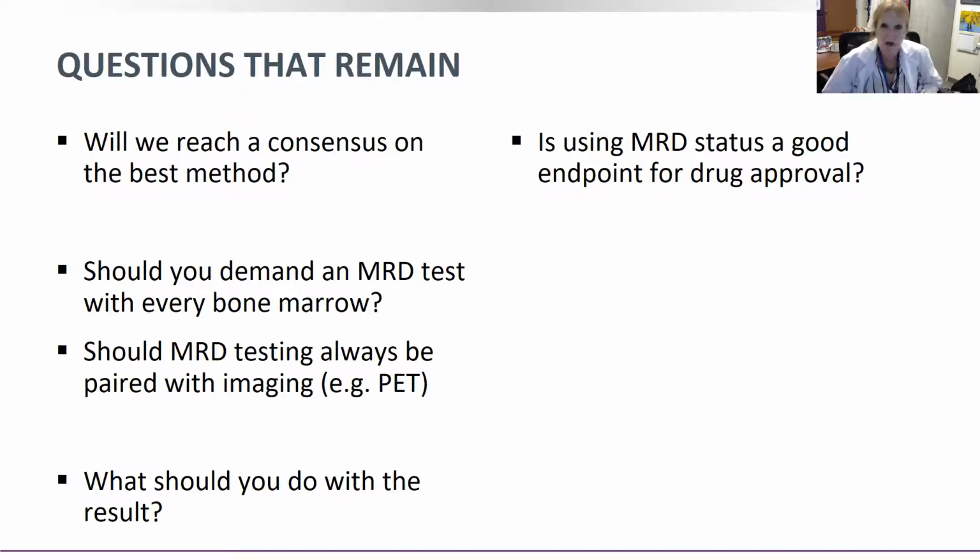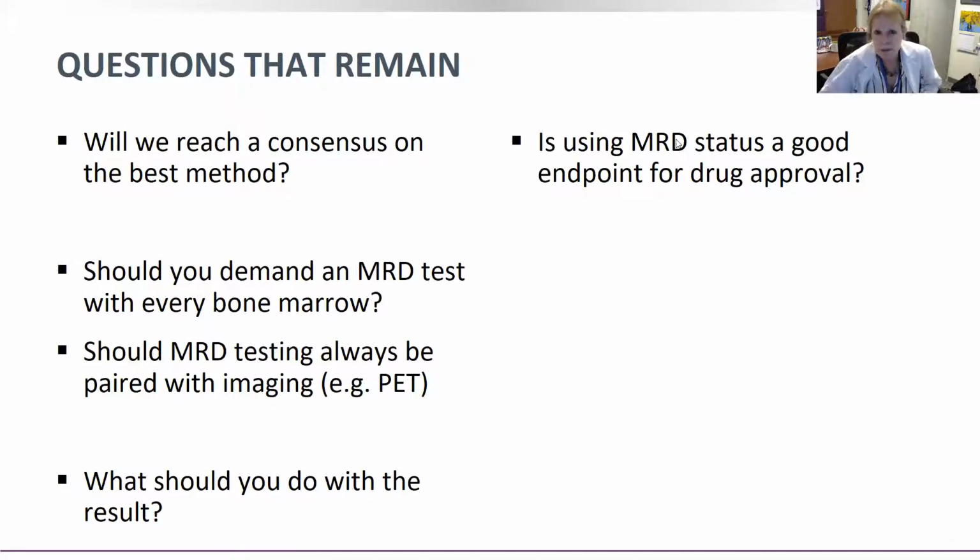Again, still, I don't know that anybody would say, okay, stop your treatment. But I think there's getting to be some people who feel that all of the future clinical trials that are done are going to demand not just the MRD negative test on a bone marrow, but also an imaging test.